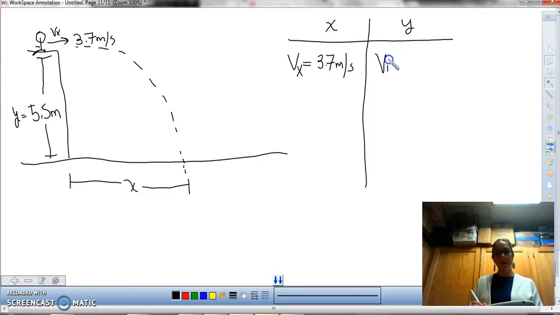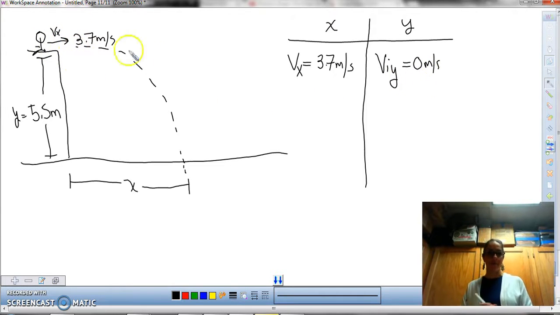My initial y velocity is 0 because there is no angle, and it's horizontal, so it implies no up or down. I can get that from the problem. I don't know x, and that's what I'm solving for, so I put a question mark. Technically I don't know time either, because remember, Vx is equal to x over t. I'll leave it blank because, spoilers, I'm going to find time over here. That's how we're going to relate the problem.